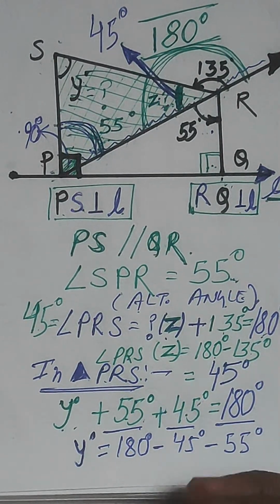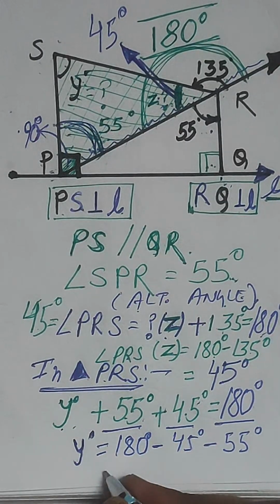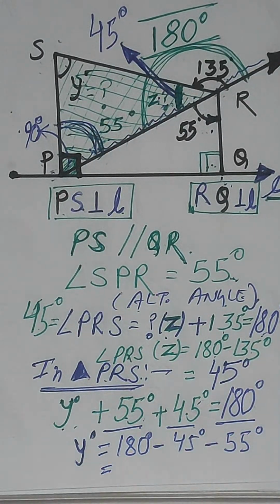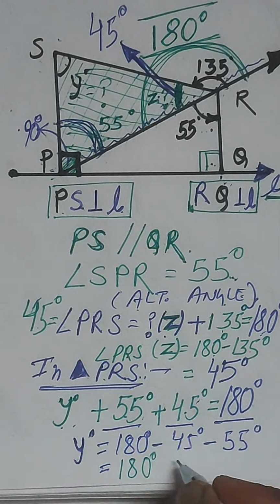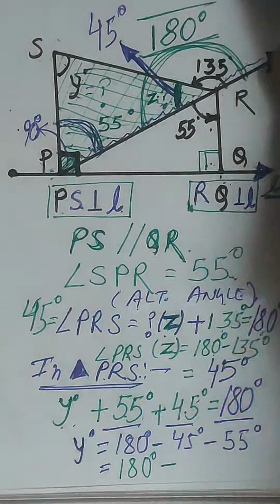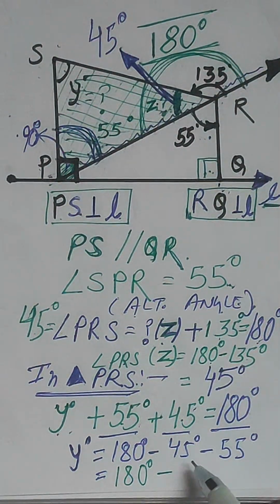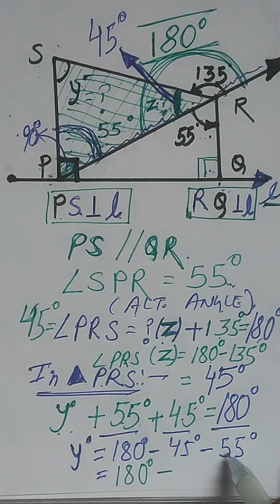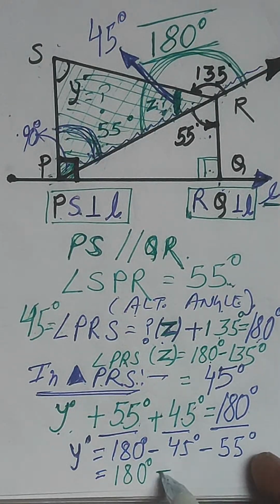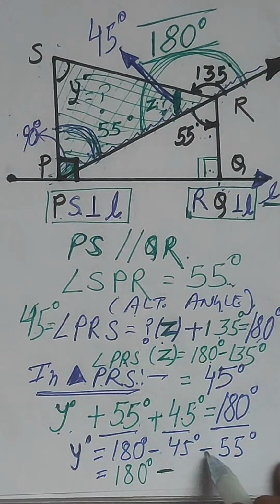Now this will give you 180 minus 45 plus 55, both adding up with a negative sign because both are negative. 40 plus 50 is 90, and 5 plus 5 is 10.